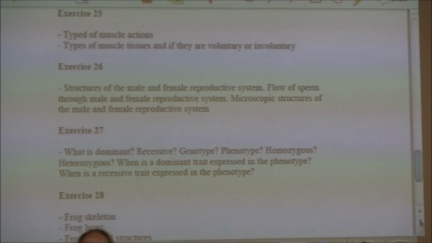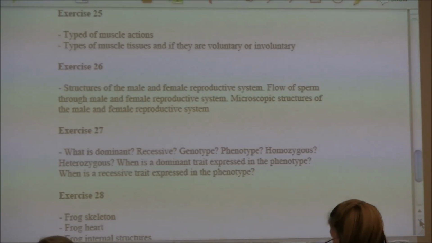You will see a picture of a muscle action and you must tell me what it is. All right? So it was also, I think, on the back page of the lab report for exercise 25.